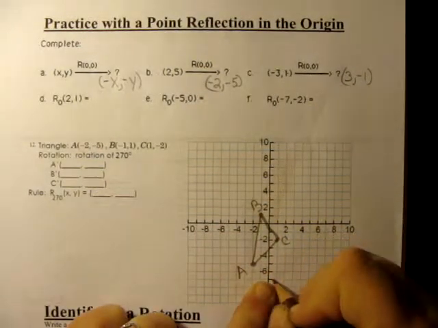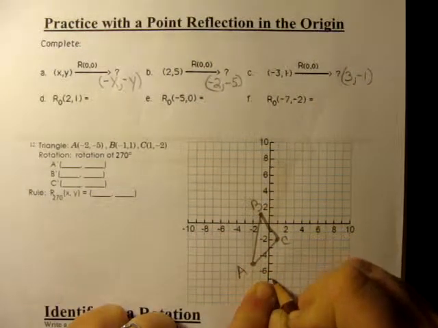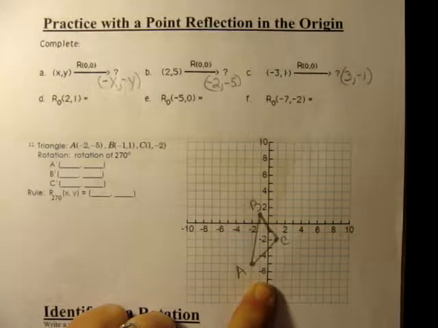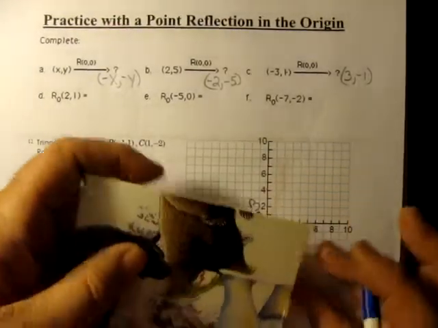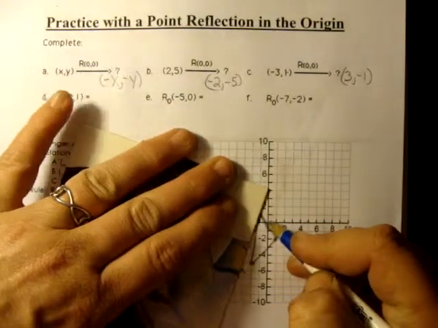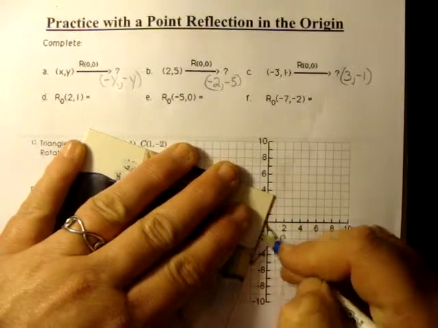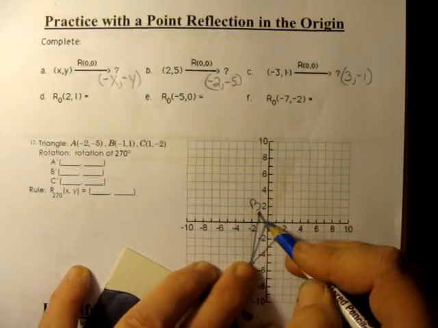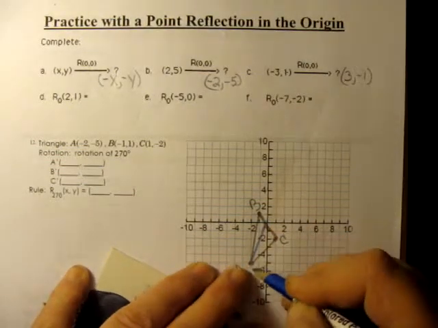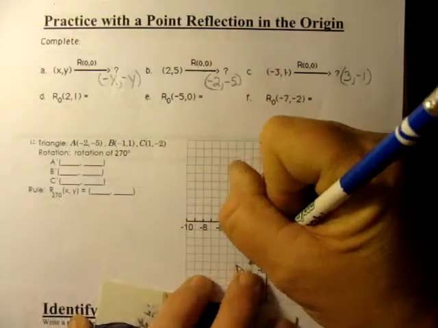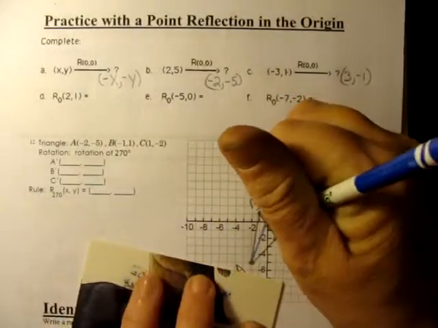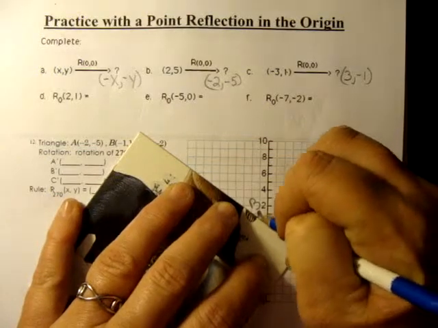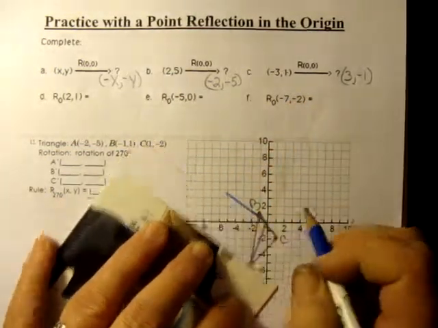That's the same as going 90 degrees in the opposite direction, so 90 degrees clockwise. Once again, we could take our straight edge and draw to the origin. If we're going 90 degrees this way, then my arm has to come up this way, which means it's going to come up somewhere in this area.